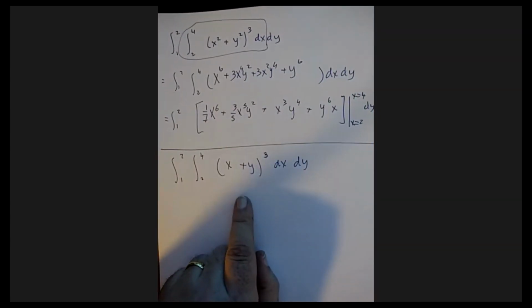Now I'm making one change here. I've changed the x squared plus y squared to just being x plus y. Right. So this isn't finished. I just took it to that point. This is the one we had the first time. This is the guy we're having the second time.